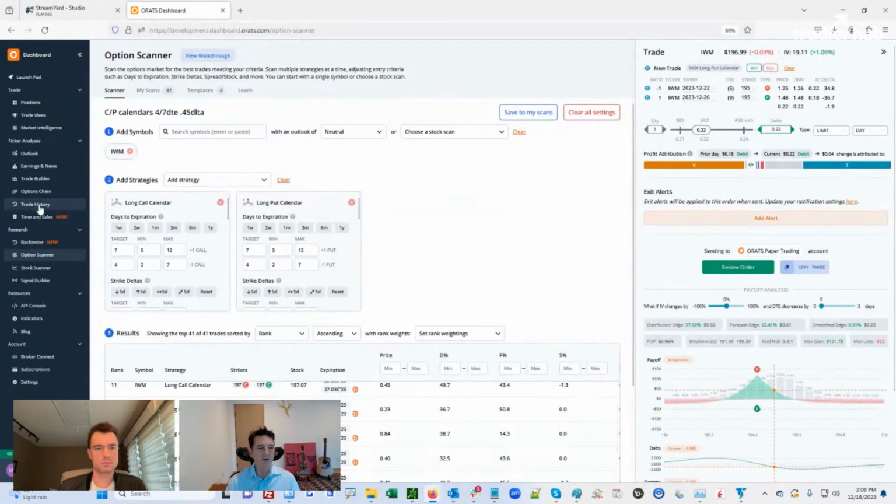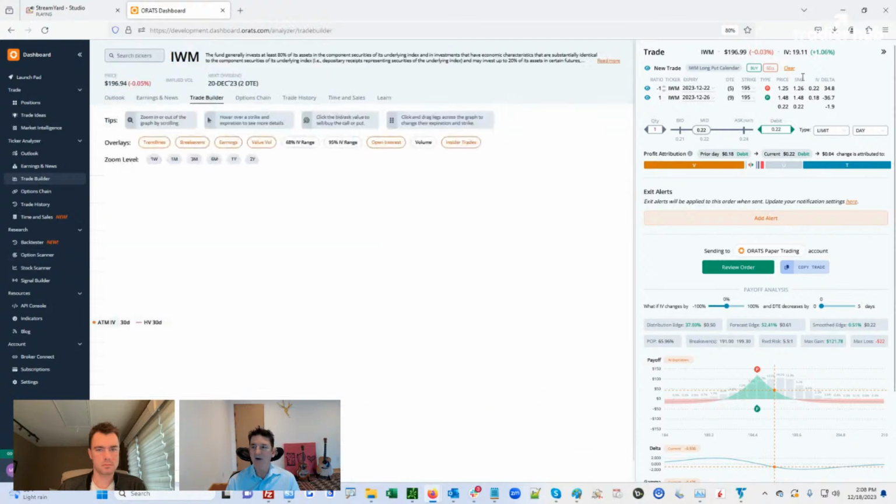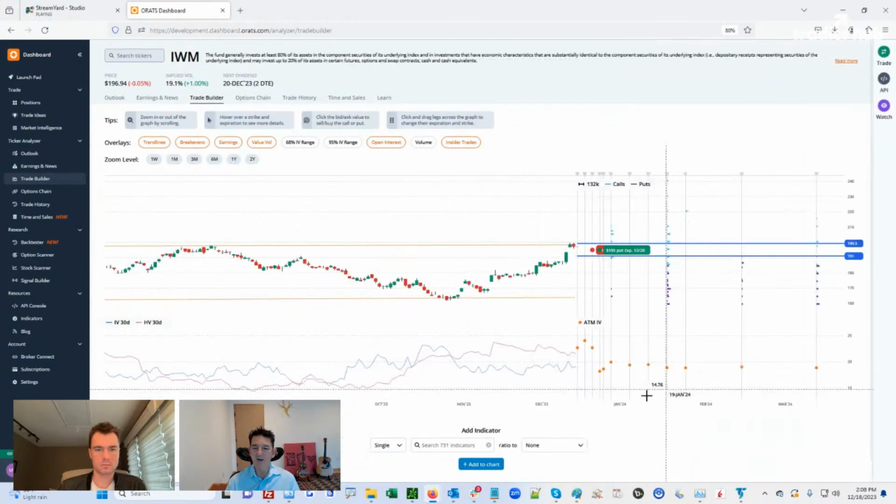And we could see how that looks, as Tyler was saying, in the trade builder, because the trade builder does a good job of showing the contango. Let me get my drawing tool going. So you can see the red dot there.